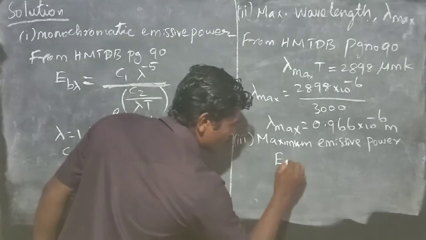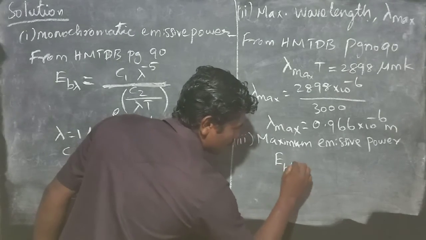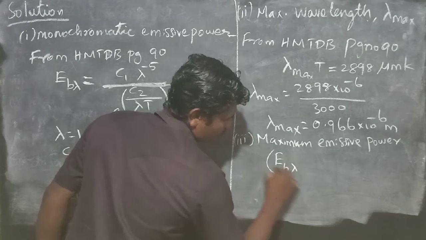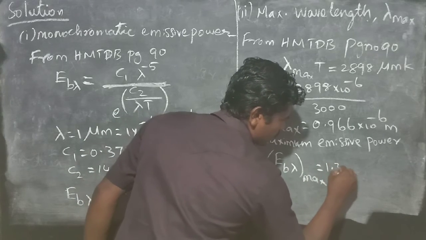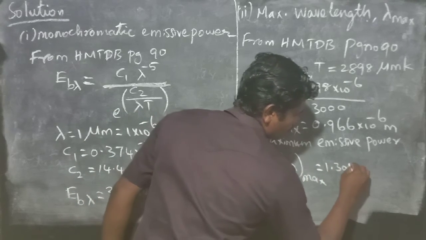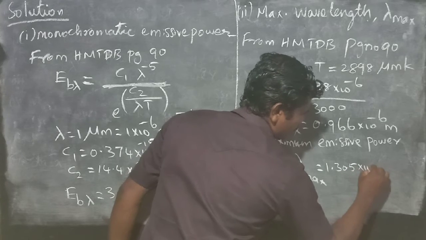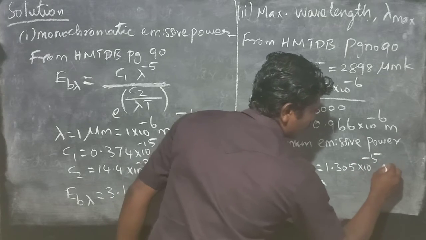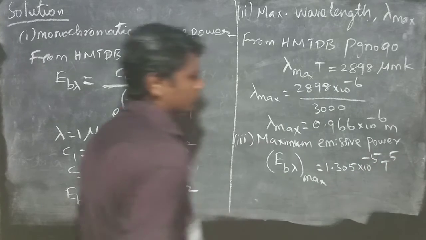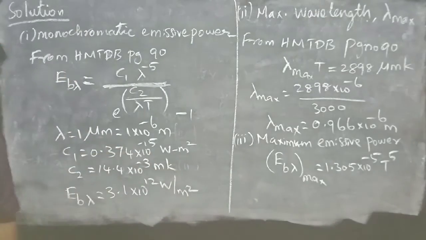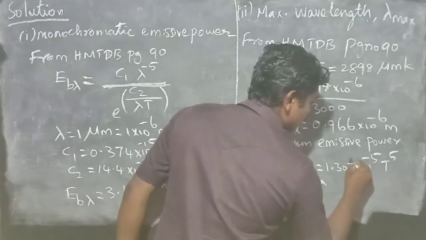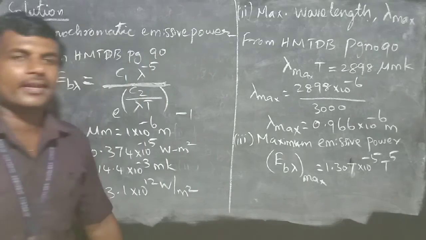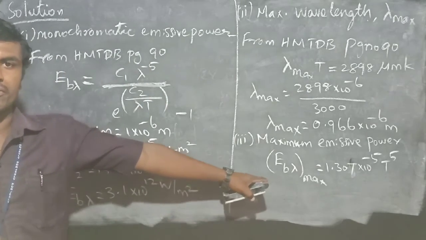The maximum emissive power formula is E_b lambda max is equal to 1.307 into 10 power minus 5 into T power 5.